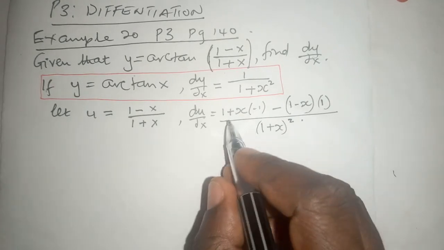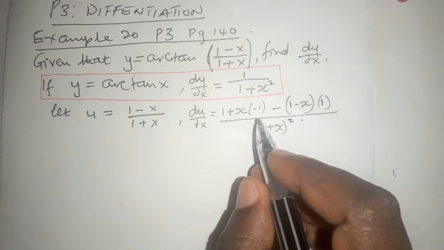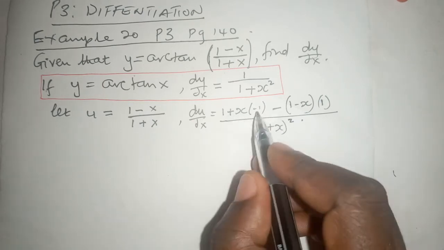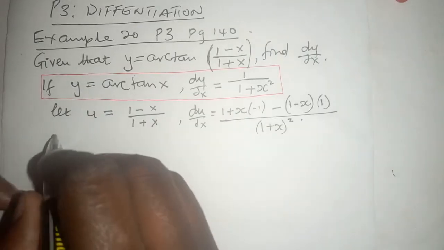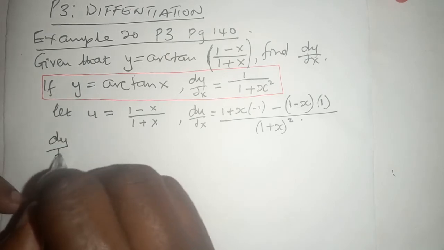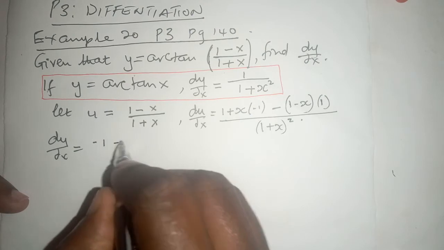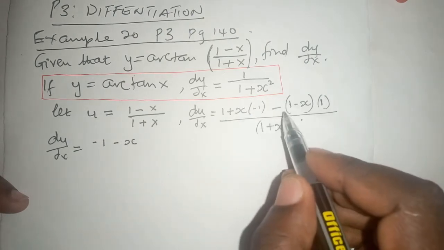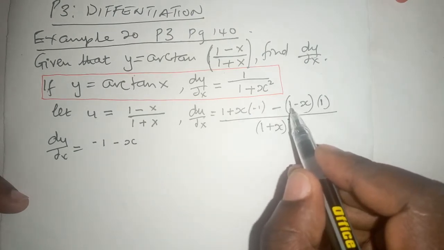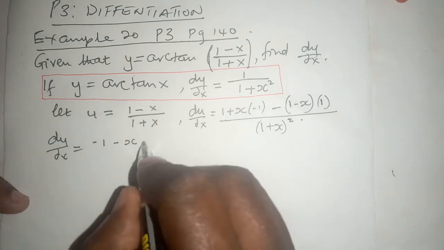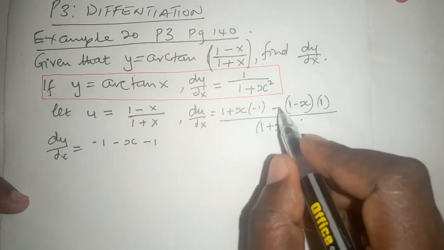If we open this bracket, we are going to say that du/dx is going to be minus 1 minus x, and then minus (1 plus x) times 1.